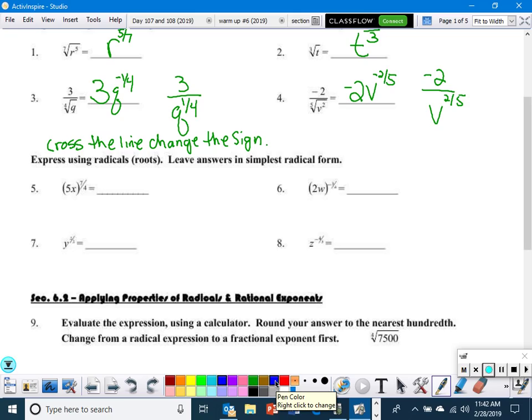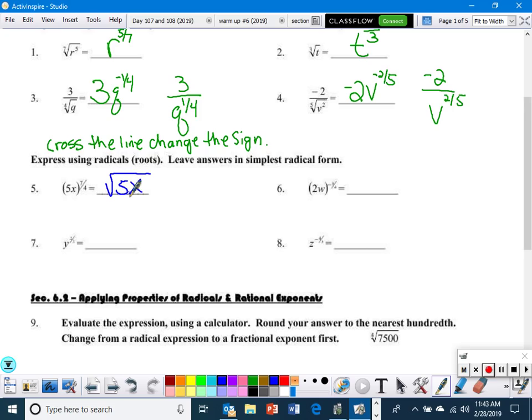Express using radicals, roots. Leave answers in simplest radical form. All right, so you notice the 5x is all inside the parentheses. So we're going to make our radical symbol. The 5x all goes inside.